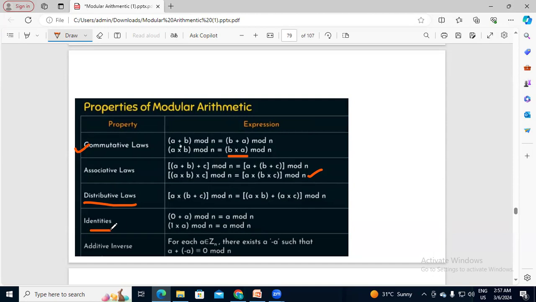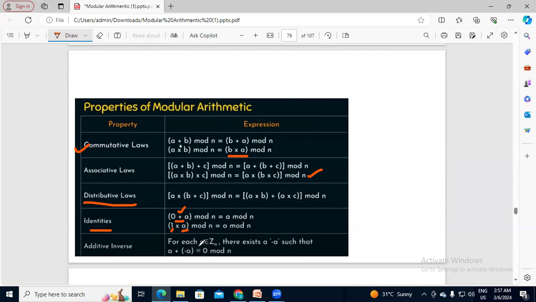Okay. Then identities. In the case of addition, 0 will be the identity element. So (0 plus A) mod n will be A mod n. And in multiplication, the identity element is 1. So (1 into A) mod n will be A mod n. Additive inverse, okay?